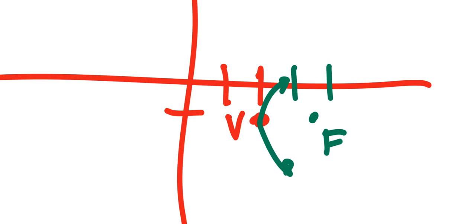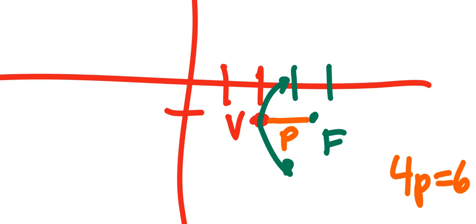Okay, so the focal width is the 4p. So we used p right there to go that distance. 4p equals 6, right? How far up and how far down should I go to find points? 3 units. So I got 1, 2, 3.